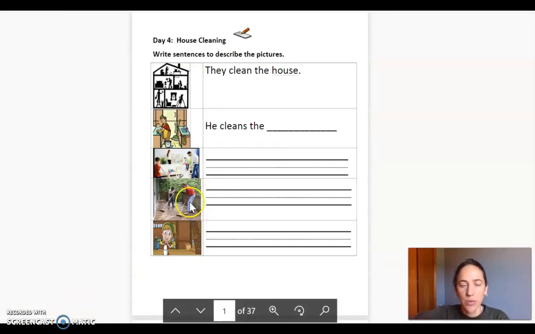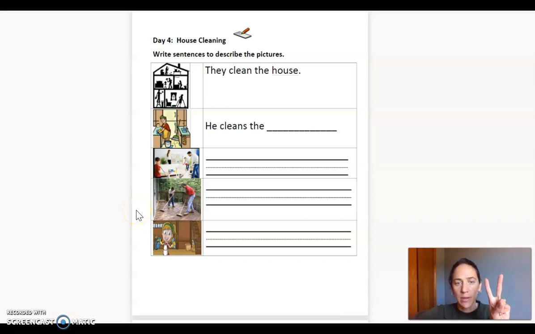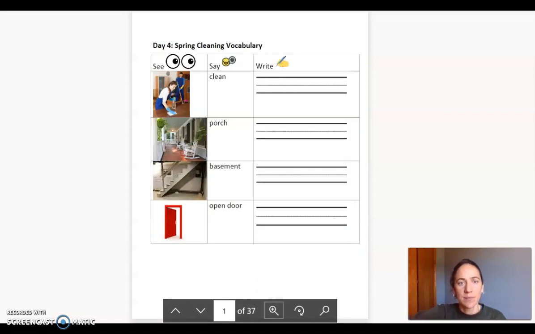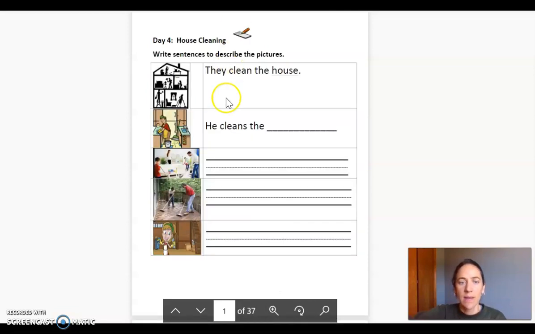Let's do our next one. Who do you see in this picture? I see two people. So I'll say, they clean. Where are they cleaning? I can go back to my words. Yes, this is the porch outside the house.